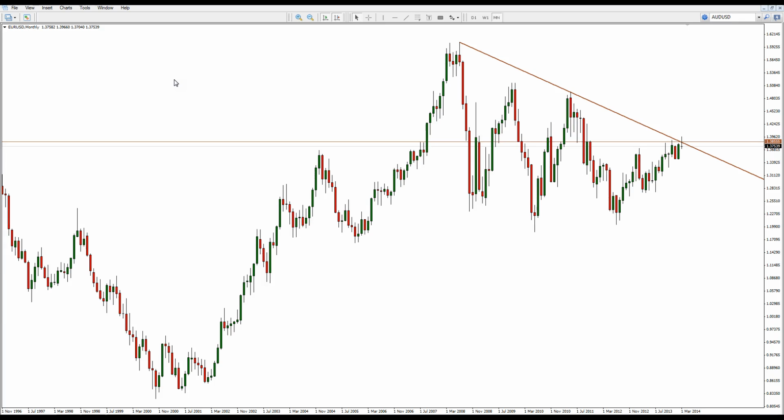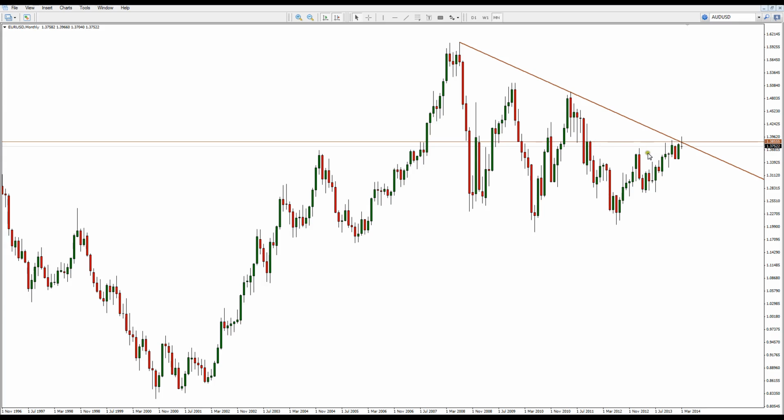Okay, we have a very strong level at this 1.3855, and as we can see on the chart, in the past the price acted as a resistance, support, resistance, support, and resistance again.